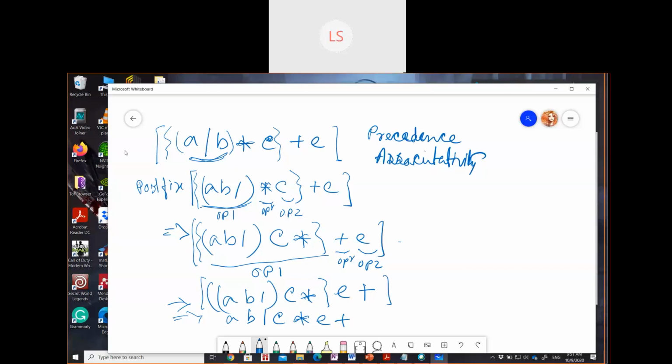What will happen in prefix? Same thing here. Now in this case, again the brackets will be the same because you will always see the precedence and associativity. So here, first comes divide AB, keep the star here.